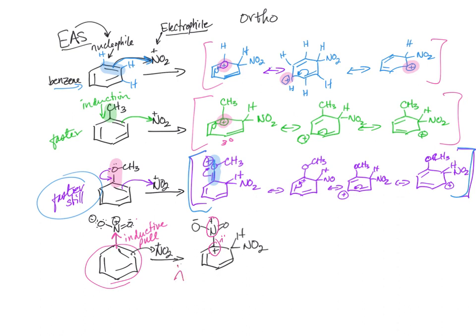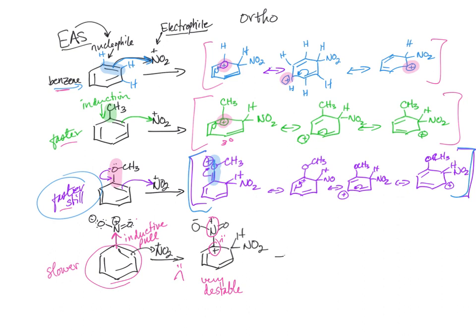So I'm going to put a bigger frowny face there, because 2 plus charges next to each other are really quite destabilizing. So back here at the beginning, each of these other reactions were going faster and faster. This one is going slower than benzene. Slower. And this is why.